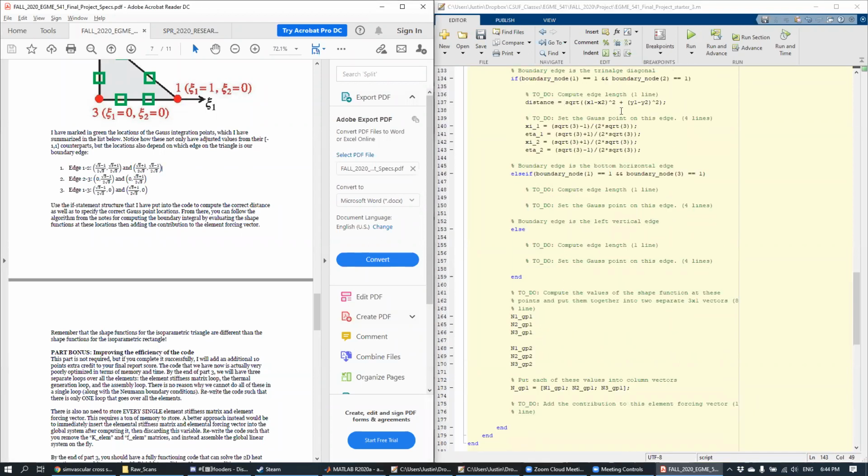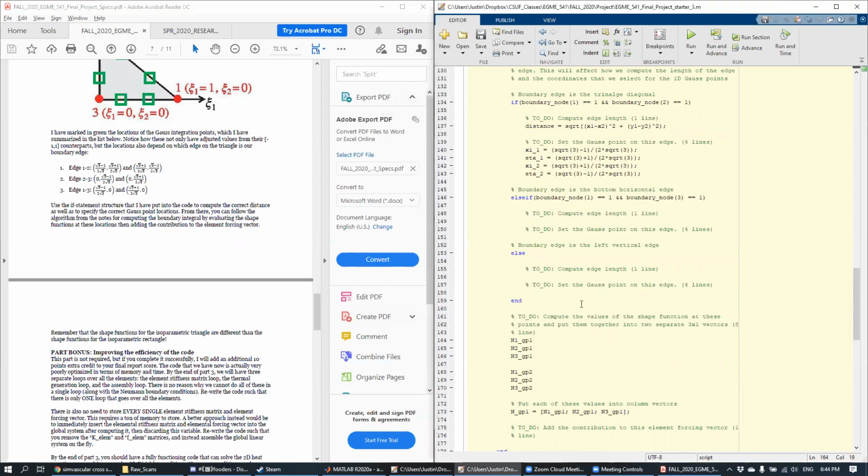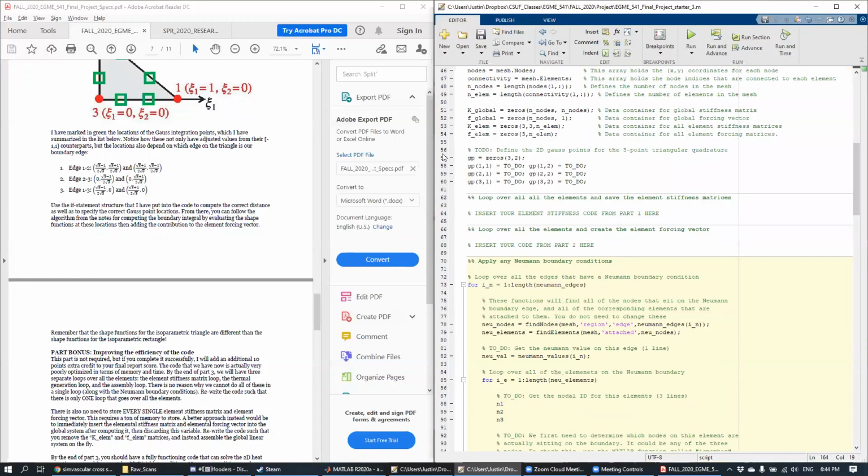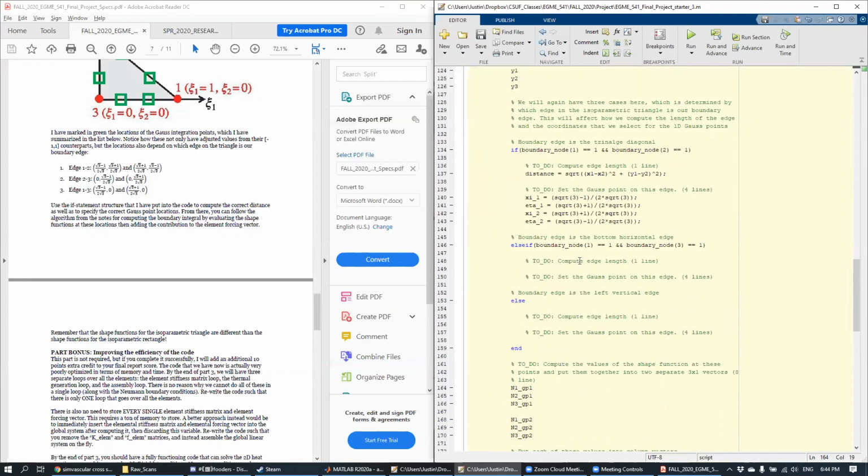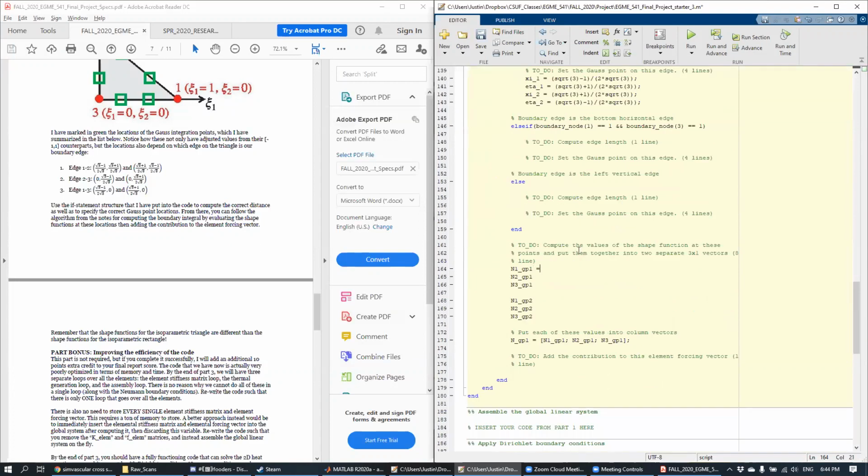Once you have that, you can just plug them into our regular shape functions. The shape functions for the triangle are the exact same ones you used for part 1 and part 2. N1 is xi, N2 is eta, and N3 is 1 minus xi minus eta.